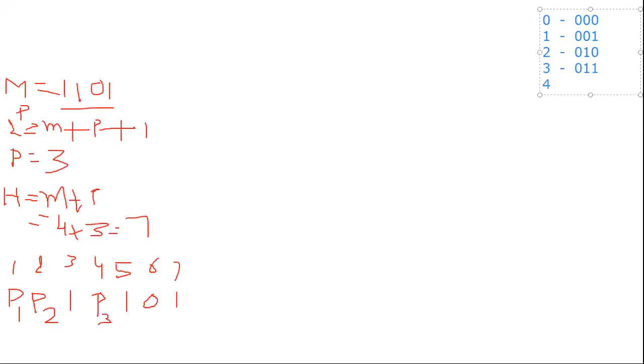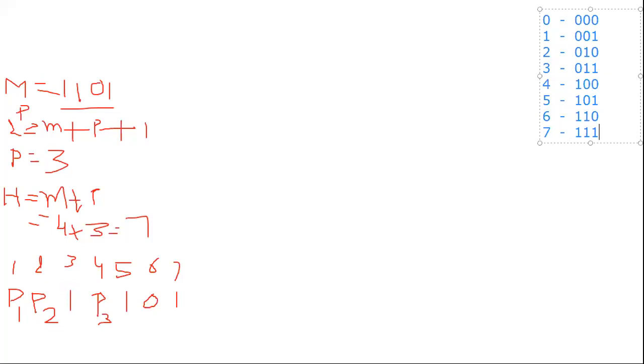Next, 4 is 1, 0, 0. 5 is 1, 0, 1. 6 is 1, 1, 0. 7 is 1, 1, 1. Okay. Here we are assuming this belongs to even parity.